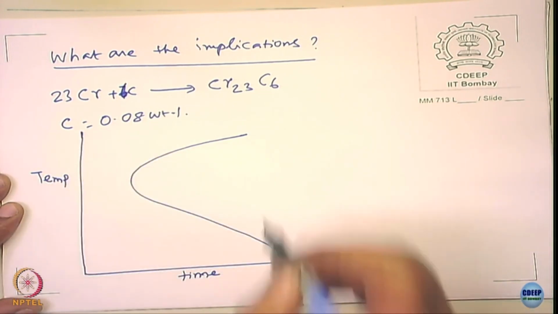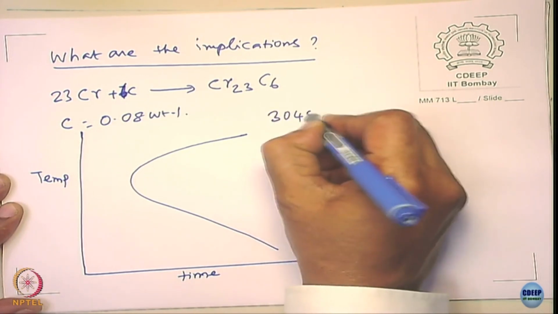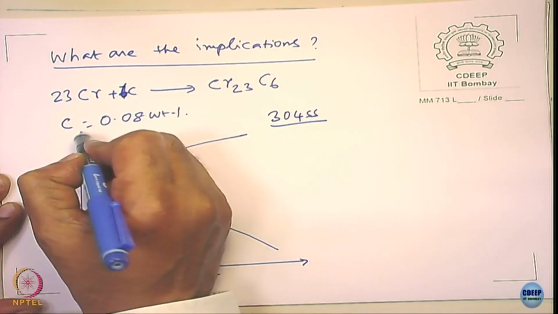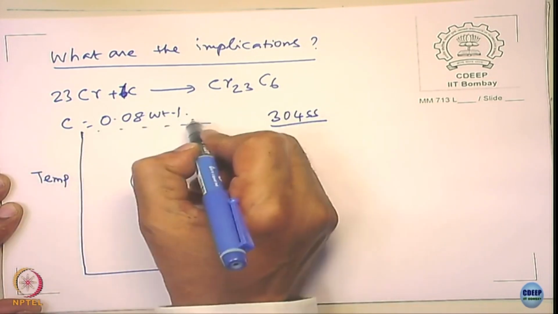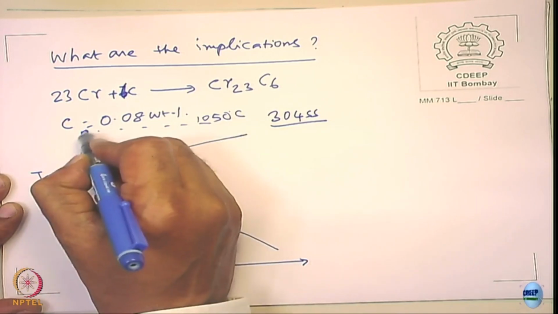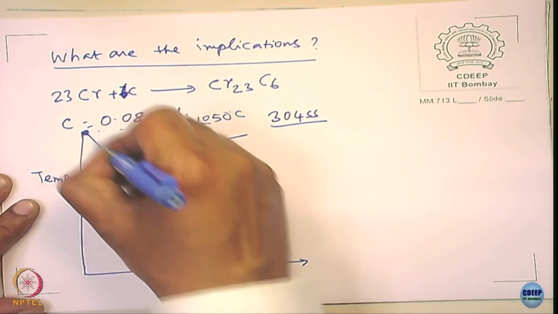If I take, say, 304 stainless steel, I keep it at, let us say, 1050 degrees Celsius, and hold it here for a longer time. I quench it fast.